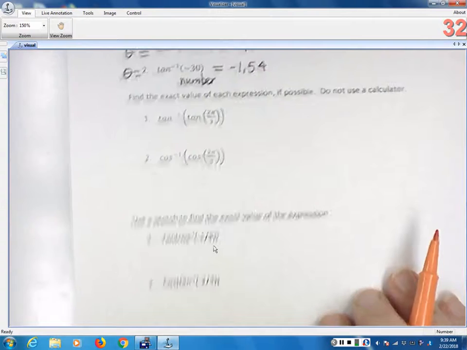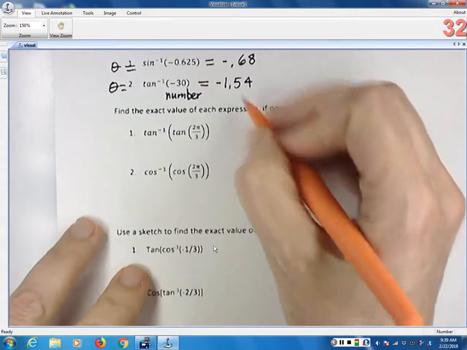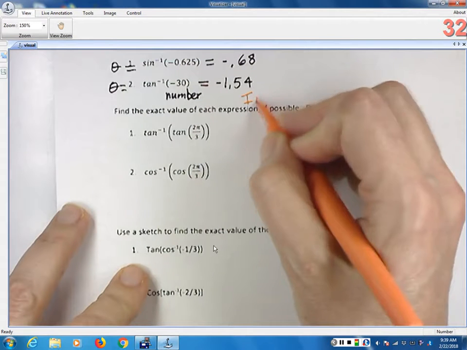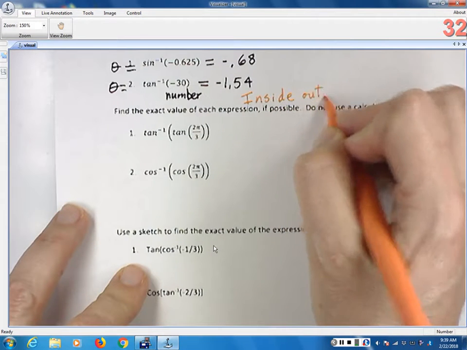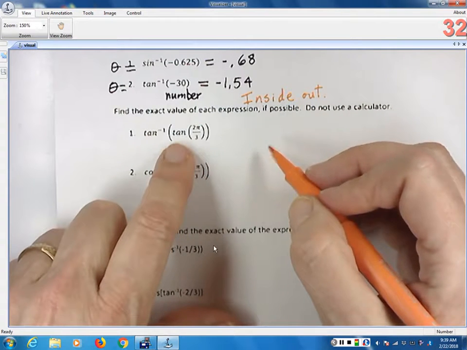Anyway, okay, so how do you work these? You work from the inside out. We already did these. We're talking about the next group. You work from the inside out. So you look at tangent of 2pi/3.